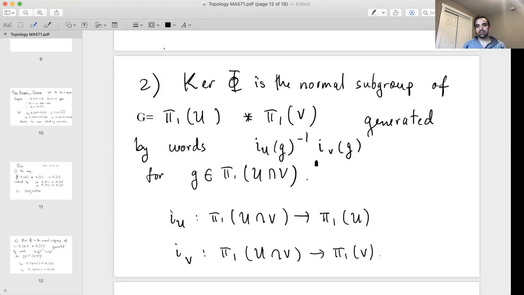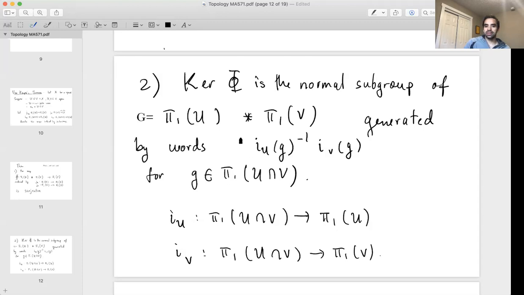And that's the normal subgroup generated by a set. It's like you take the smallest normal subgroup of G containing that set. In this case, this set runs through all g's in pi 1 of the intersection of U and V. Okay?